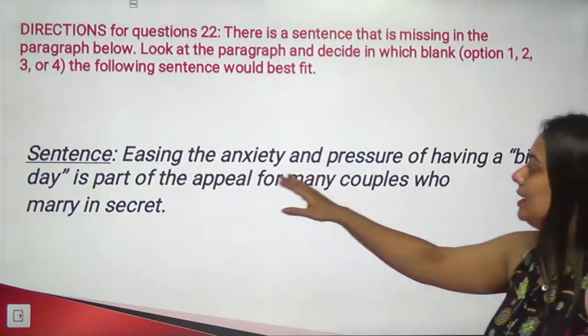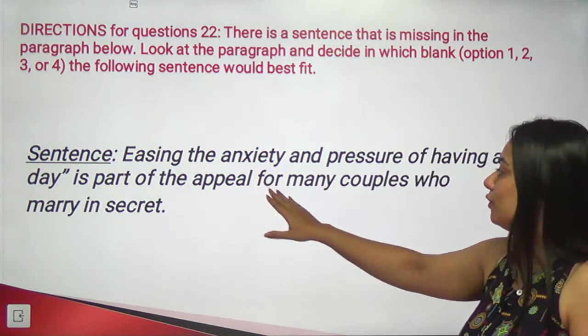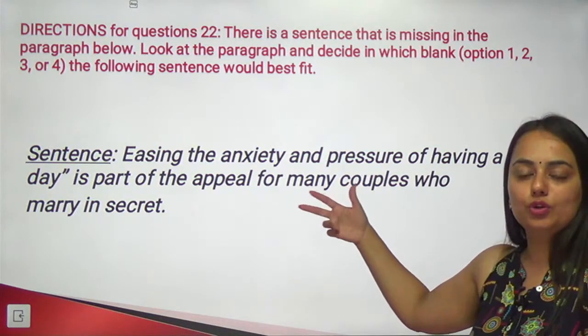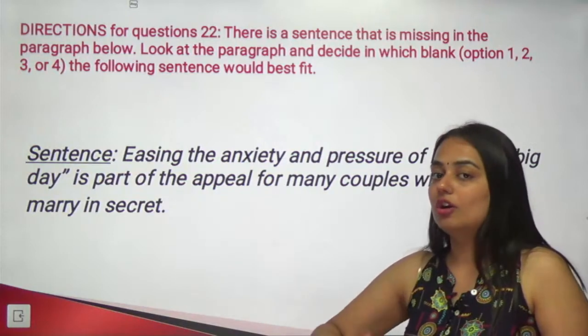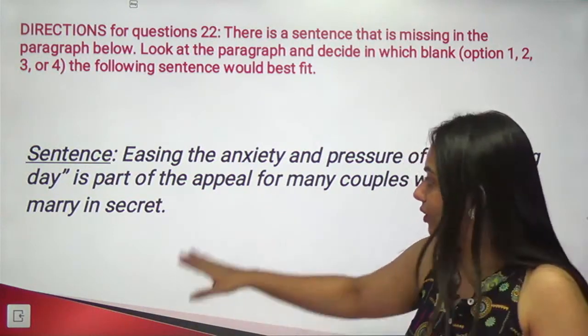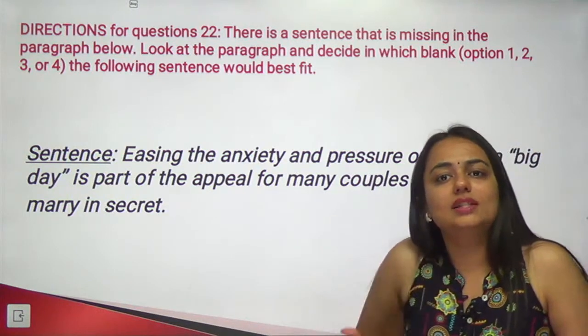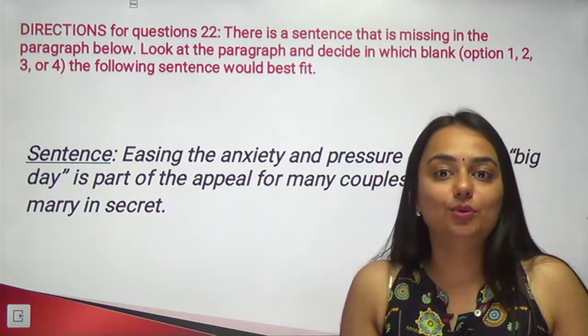It says, easing the anxiety and pressure of having a big day is part of the appeal for many couples who marry in secret. Don't you think it's a kind of justification for not having big weddings? So this is one reason: they want to ease their anxiety. They don't want their main day, the D-Day, to be so anxious.